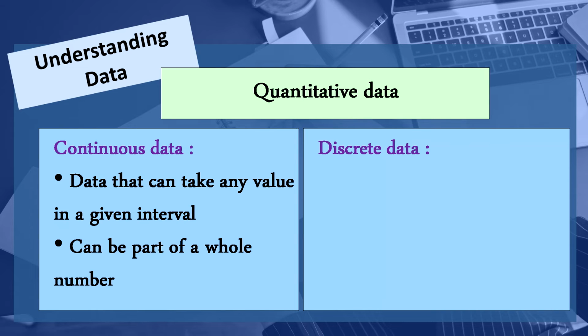Continuous data means data that can take any value in a given interval. It's not a whole number, and it can take a fraction. For example, number of hours spent with social media: 4 hours, 10 minutes, 35 seconds. Like that we can have a fraction, and money can be measured, for example 199 rupees 90 paise.